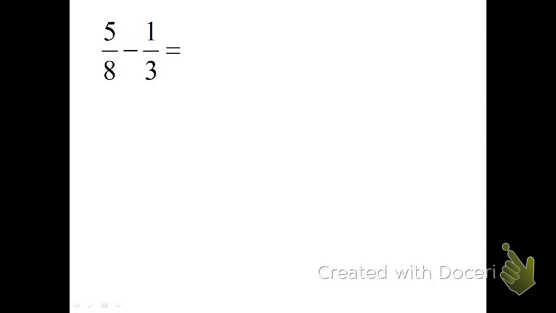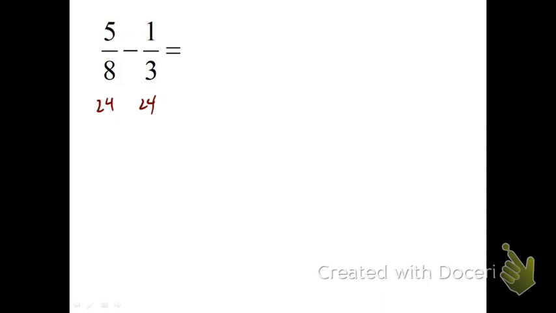If you notice, both of them had a common multiple of 24, which was the least common multiple. Now notice, you can always find a common multiple by multiplying the two denominators together. It may not be the smallest one, okay? That's okay, you just have to do some reducing in the end.